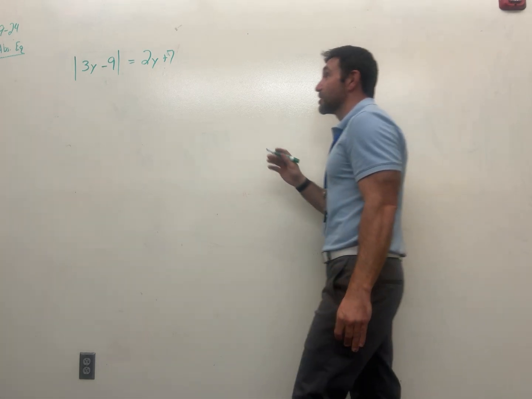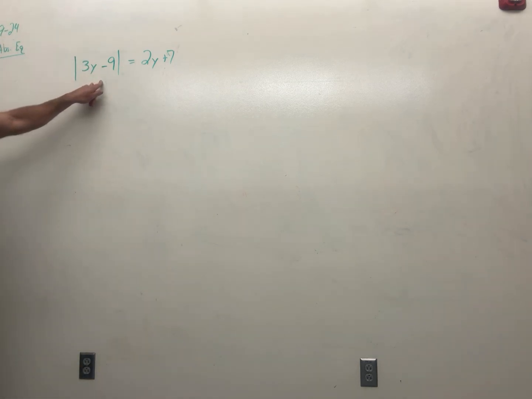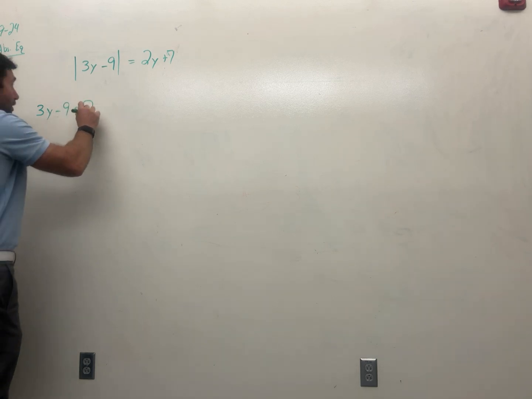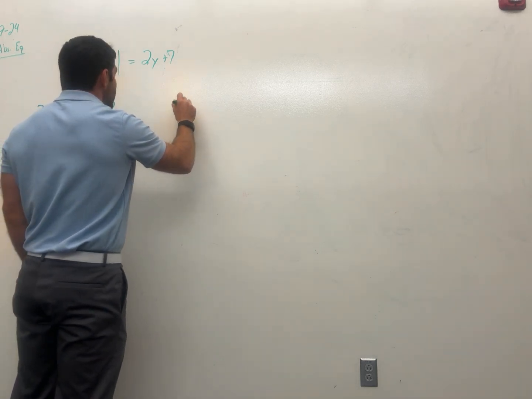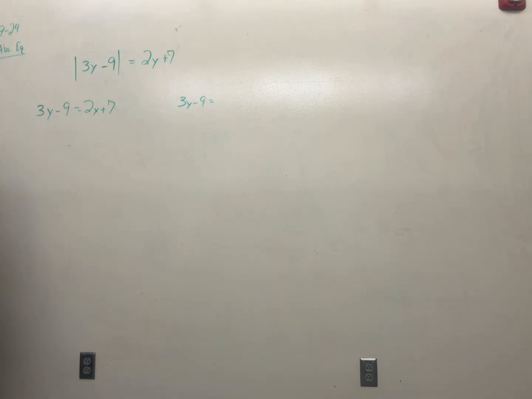Okay, so remember yesterday when I said this has to be isolated? Is this isolated? Yeah, it's by itself. It's just the absolute value on that side. There's no extraneous stuff on that side. So I'm going to rewrite these equations as 3y minus 9 equals 2y plus 7, and 3y minus 9 equals... But I told you it had to be the opposite.